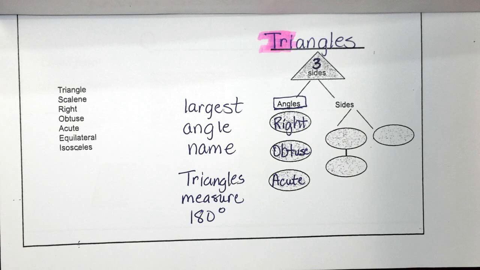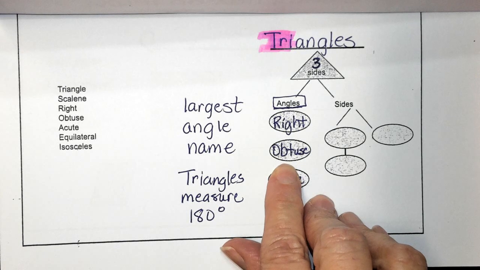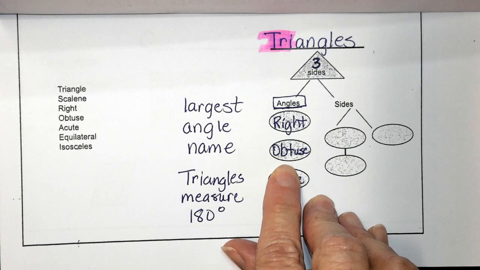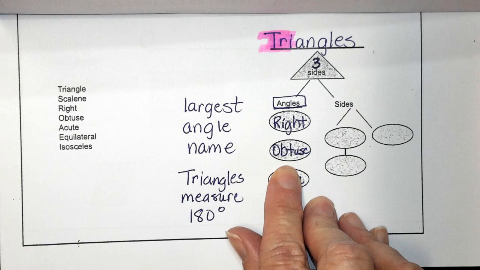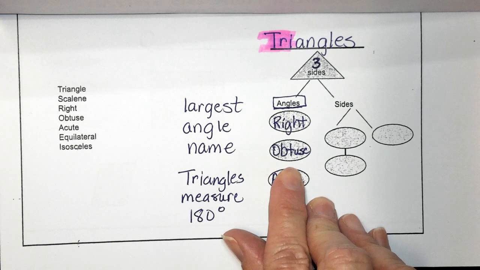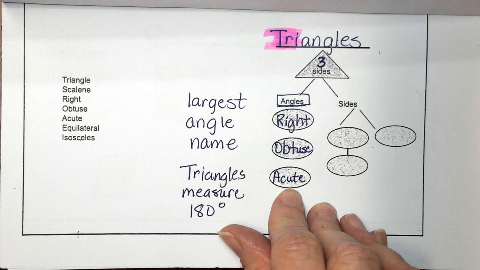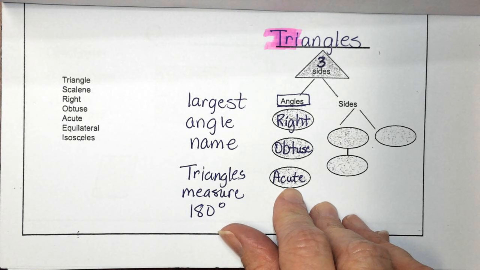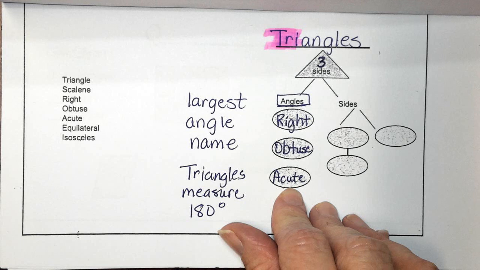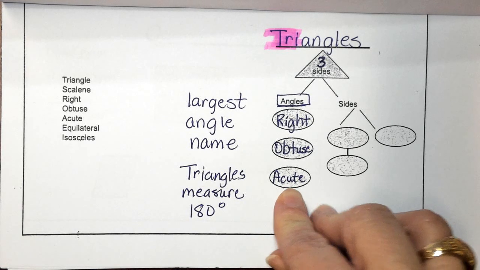That means the other 2 have to be acute. If we call it an obtuse triangle, then that means already we have an angle that is greater than 90. The other 2 angles have to be acute. But if we have only acute angles, then we will have 3 acute angles measuring less than 90.